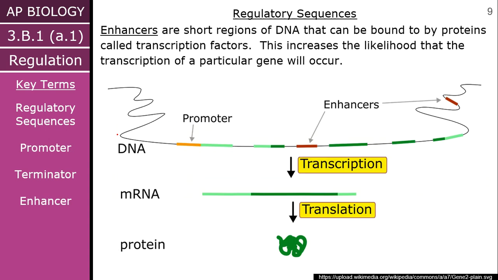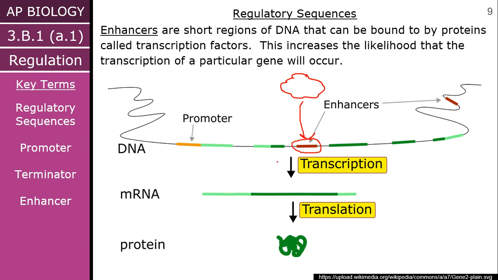Okay. Finally, we have enhancers. So these are like little sections of DNA that proteins called transcription factors can bind to. And basically, a transcription factor will bind onto an enhancer. So here's an enhancer. And it's usually represented as this big old blob. And we're going to do a simulation in class on the Chromebooks that will allow you to see how these transcription factors really work.